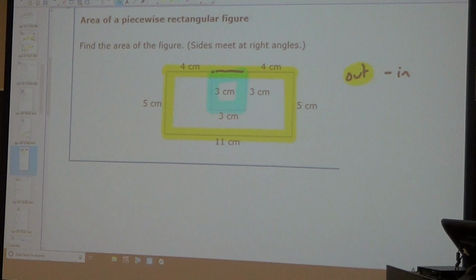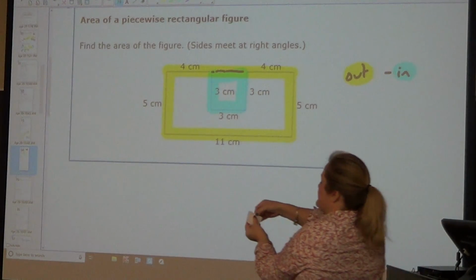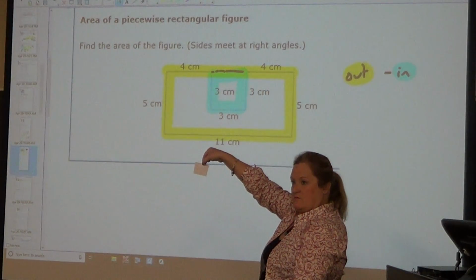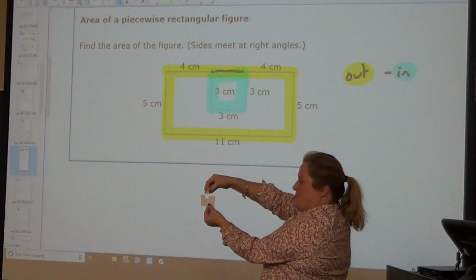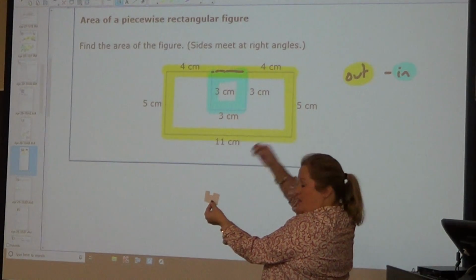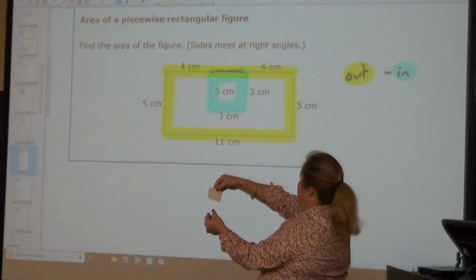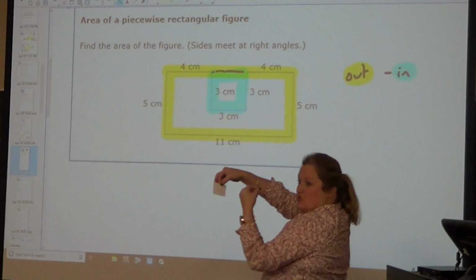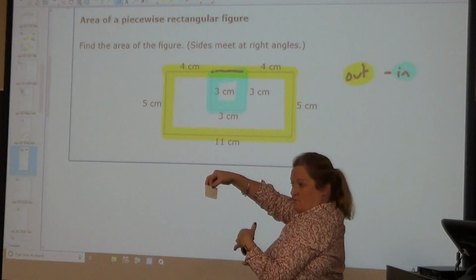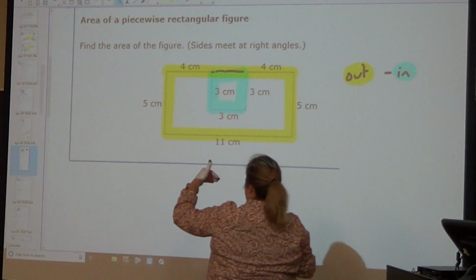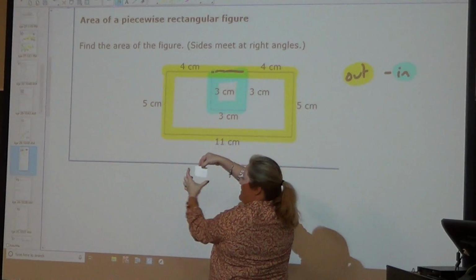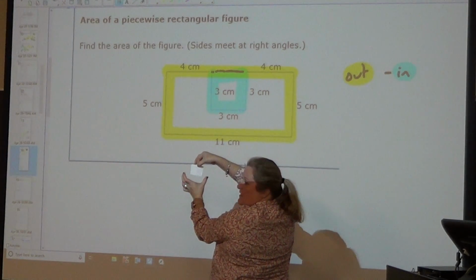Here is my inside shape. So my outside shape looks like a sticky note. My inside shape is this little piece that I'm taking away. Because they're both rectangles, I'm using the formula length times width. So for my outside shape, what is the total length and the total width of the outside?